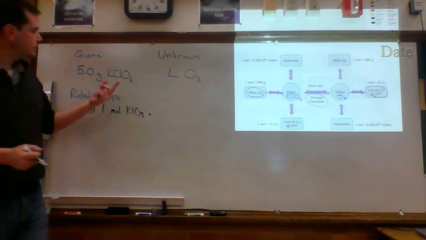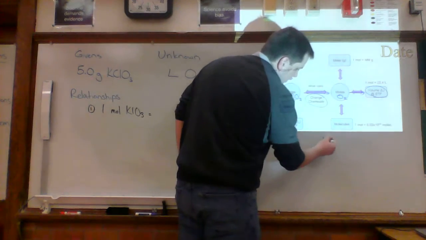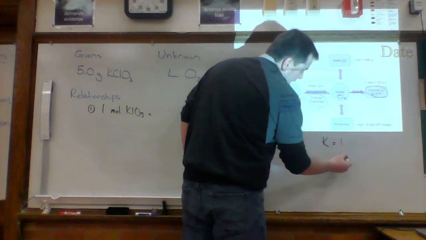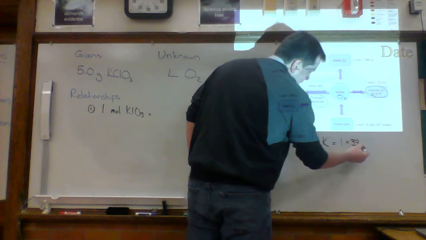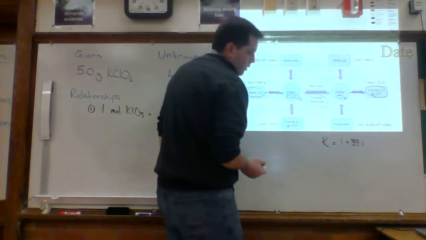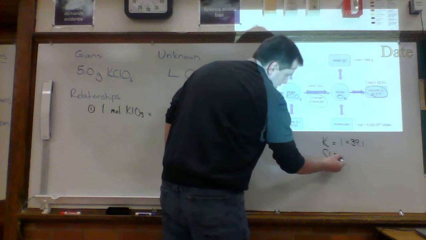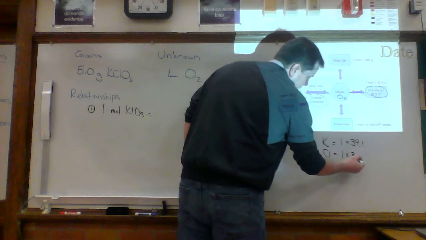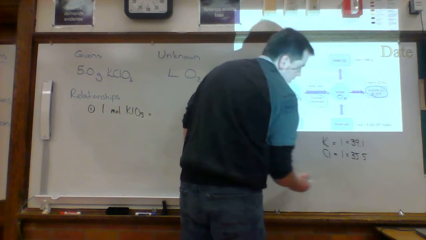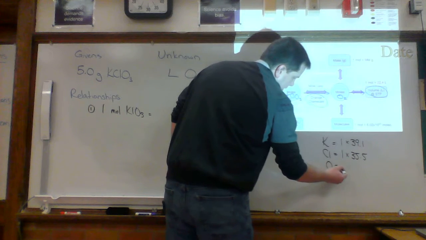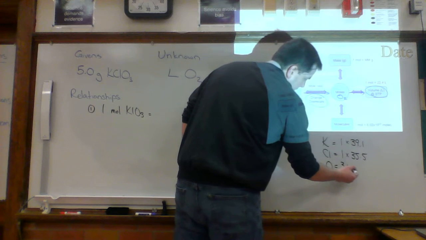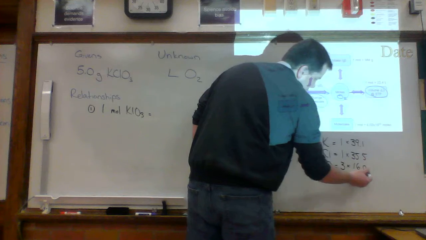So let's take a second here and do the molar mass. K is equal to 1 atom times 39.1. Cl is equal to 1 atom times 35.5. And O is equal to 3 atoms times 16.0.